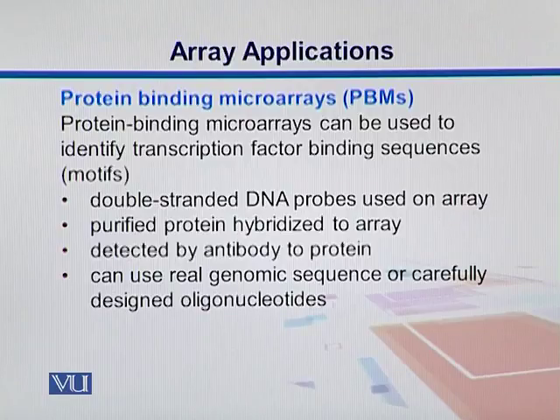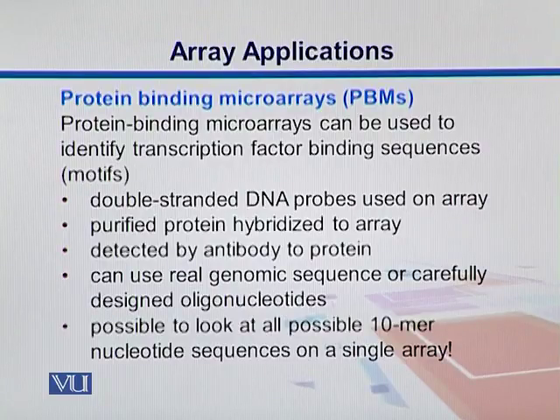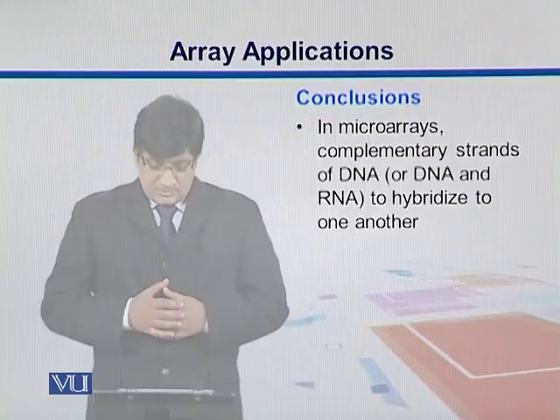Then we can use genomic sequences, or we can design oligonucleotides for that. We can look at all possible 10-mer nucleotide sequences on a single array. In this way, we can have an idea about those motifs or those regions to which protein molecules bind.